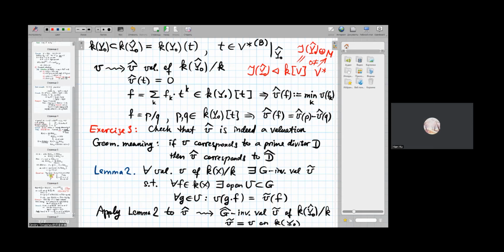So on the smaller field, this is already G invariant. And this value is the same as the value on F. So V of F coincides with V tilde of F. So this is what I have said here. V tilde equals V on the smaller field.